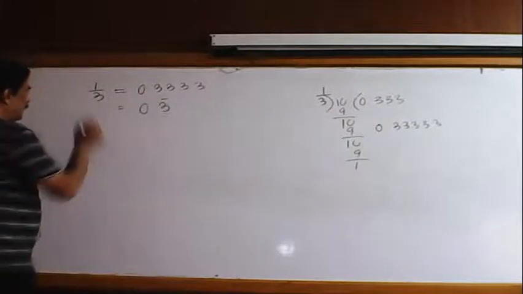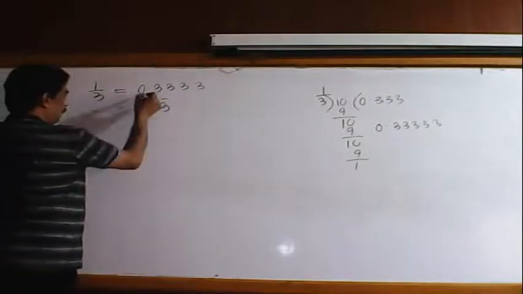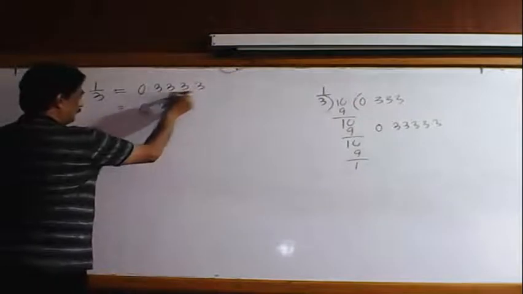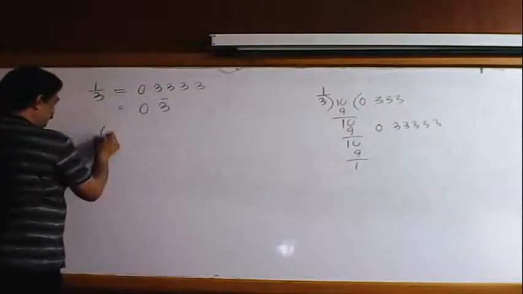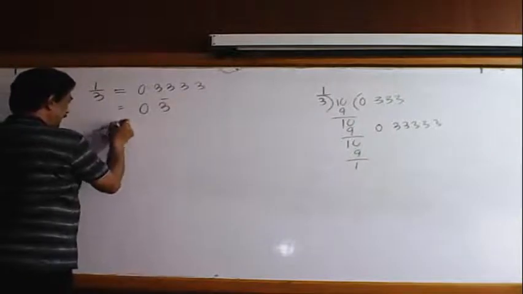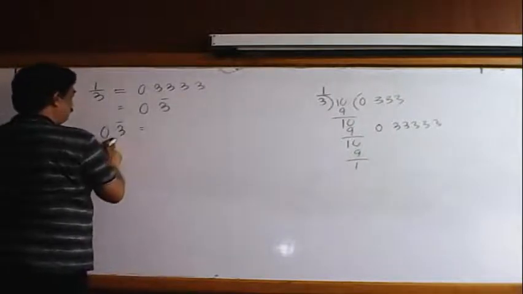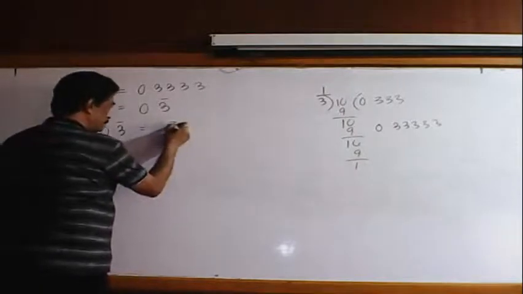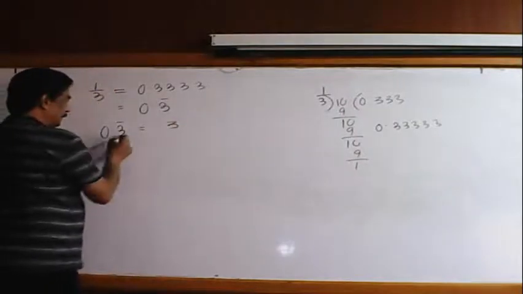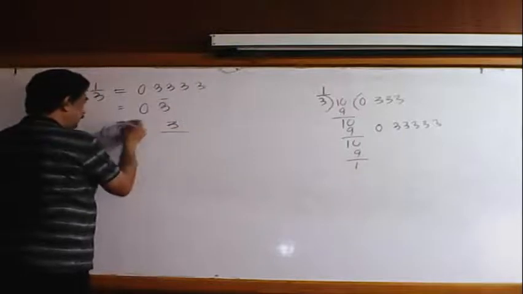Now I can write 1 by 3 equal to 0.3333 or 0.3 recurring. Now 0.3 recurring is always the decimal part. So instead of writing the recurring digits, we write 3 only, and instead of the recurring sign we always write 9.